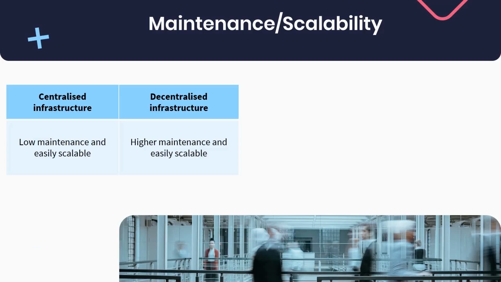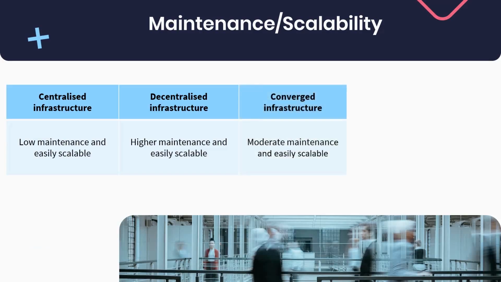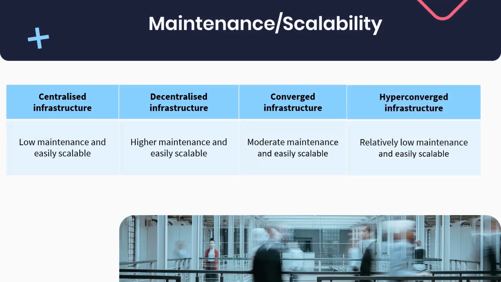But it is also easier to scale, as a business can simply add more machines to the network to add more compute power. Converged infrastructures require moderate maintenance, and it is easily scalable due to the benefit of virtualization. A hyperconverged infrastructure requires relatively low maintenance because the majority of its components are on the cloud, and scalability is a big plus.